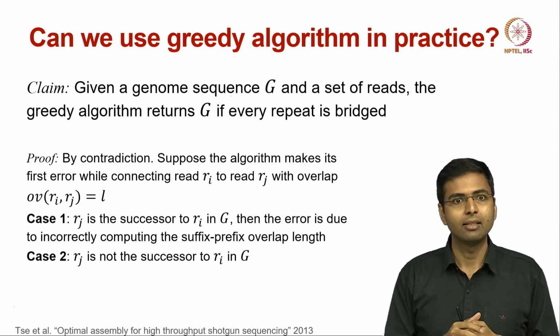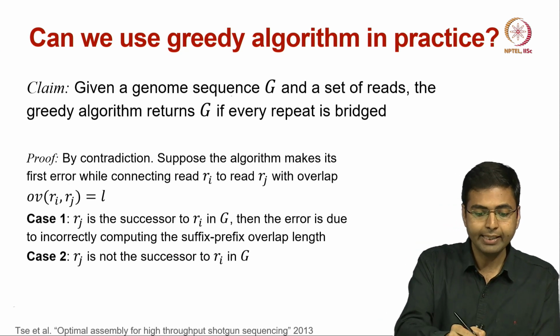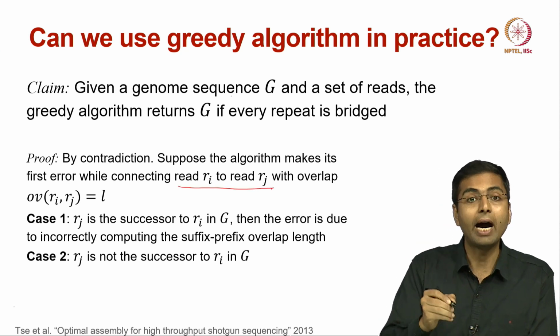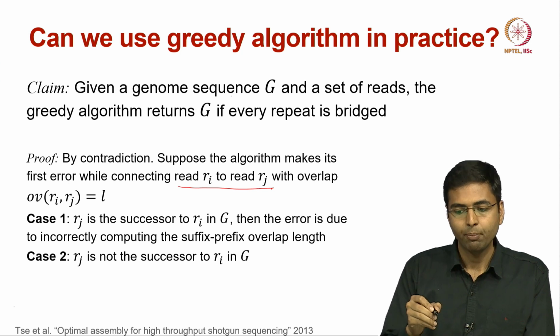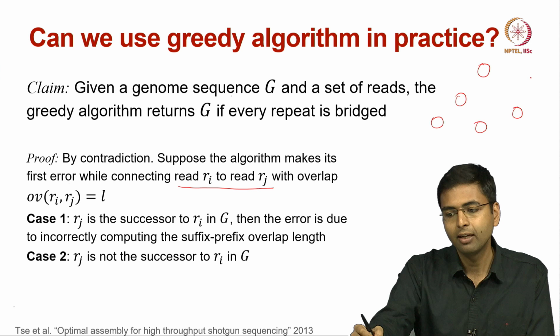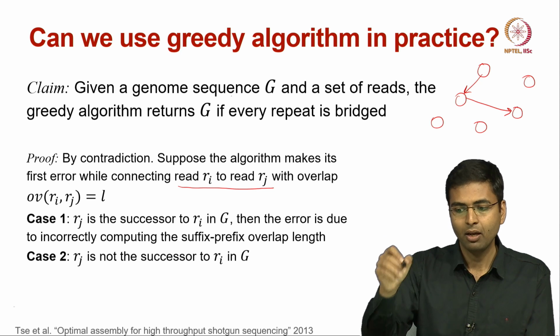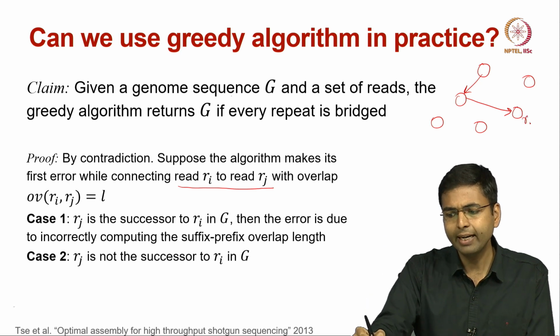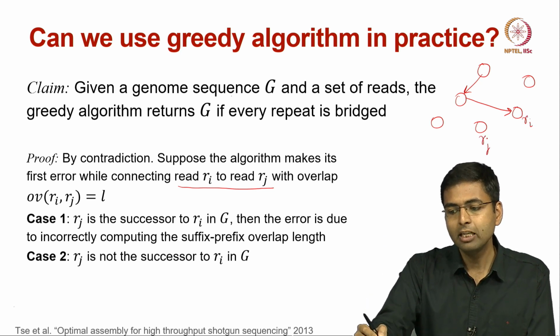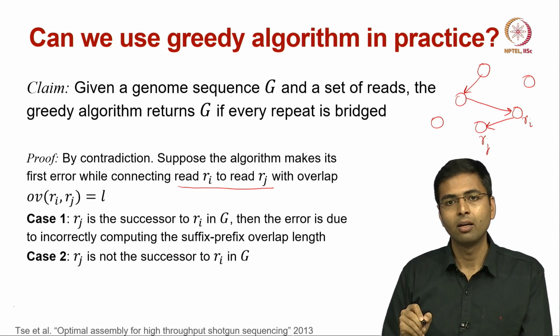Let us say that the greedy algorithm makes its first mistake when it connects read Ri to read Rj, because remember that in the greedy algorithm we have different vertices for all the reads, and let us say initially it worked correctly, the greedy algorithm made the correct decisions, but the first incorrect decision that the greedy algorithm made is when it connected Ri to Rj, right.